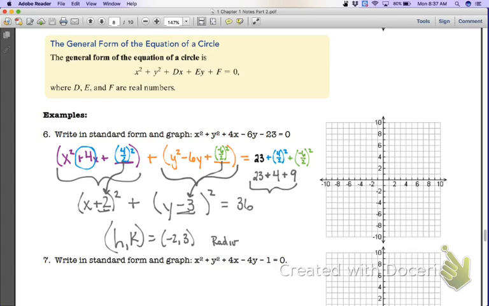Then my radius, and I'm really just writing this so it's going to be easier to graph. So the radius is going to be the square root of 36, which is just 6. So then, basically take my negative 2, positive 3, plot my point.